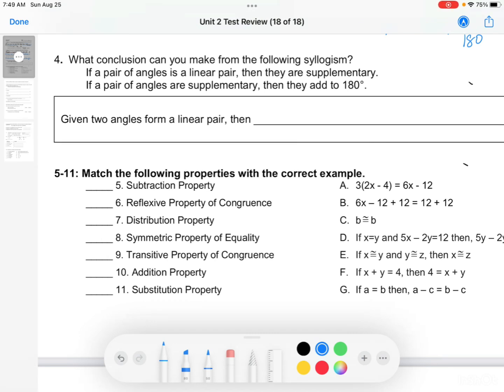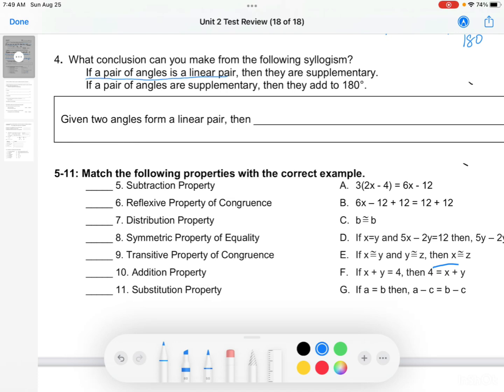Okay, it says, using the law of syllogism, what conclusion can you make from this syllogism? So law of syllogism is basically if two things equal the same thing, they equal each other.